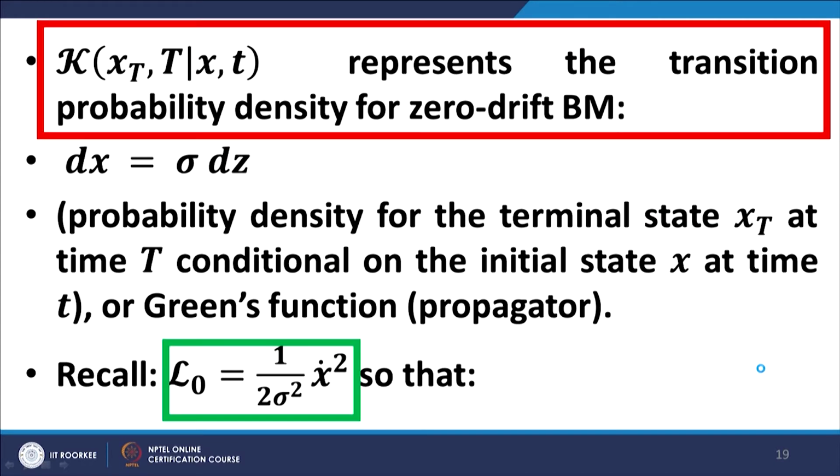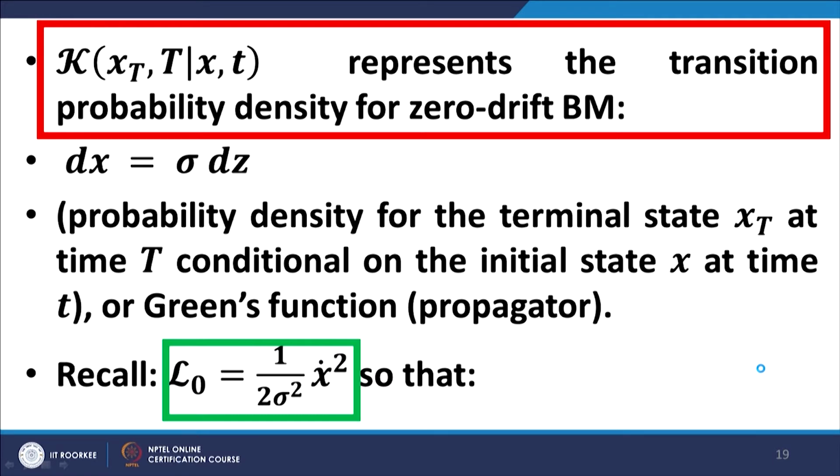Now, what is this K? The K represents the transition probability density. It is the transition probability density of what? It is the transition probability density of the log price to move from x at time small t to X at time capital T when the stock price follows the driftless stochastic differential equation, dx is equal to sigma dz.